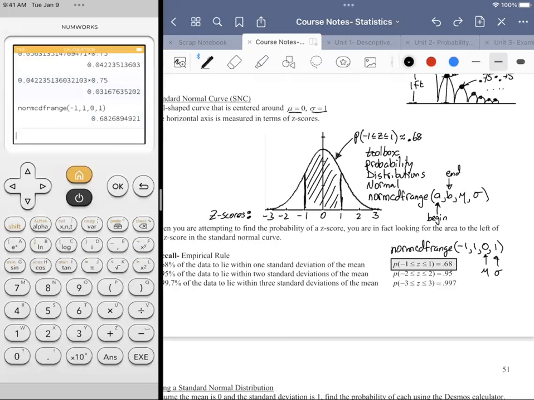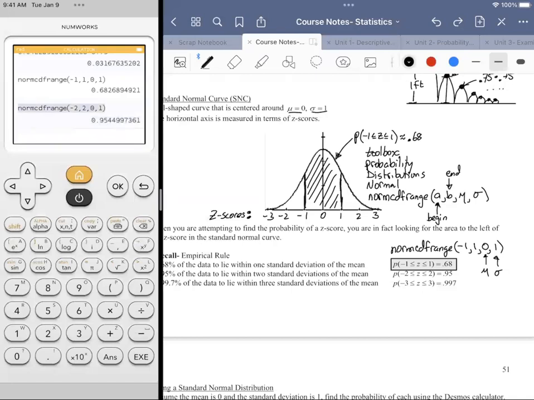So very, very precise. We tend to just round it to 68%. You could say 68.3% if you want, but you can do the same thing. This time you just go up and hit OK, change my -1 to a -2 and my +1 to a +2, and you'll get your 95% approximately.